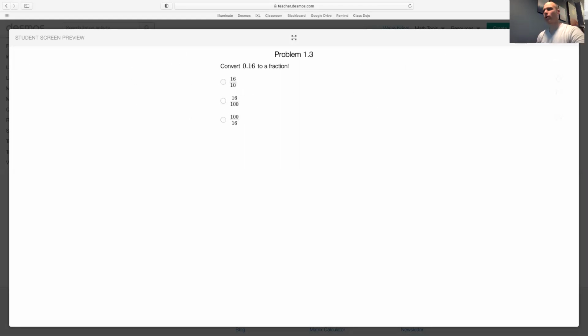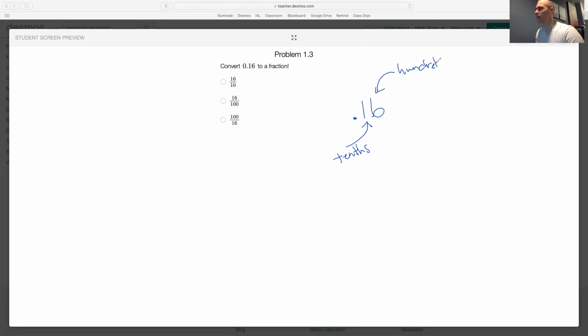Okay, so problem 1.3 says convert 0.16 to a fraction. There's lots of different ways to do this, but the way I like to think of it is in terms of decimal places, or place values. So the 1 here is in the 10ths position, and the 6 here is in the hundredths.